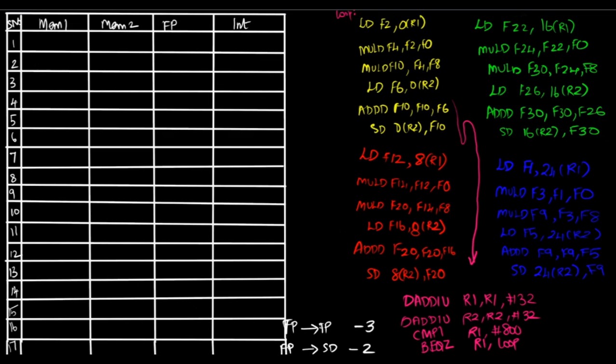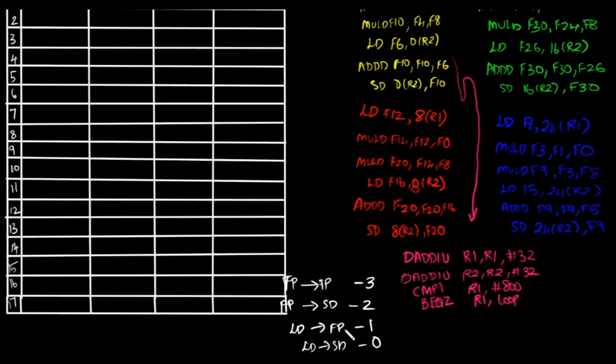Now let's fill each and every instruction from each and every iteration. The first one is the load F2, 0 of R1. It's a memory instruction, so it will go to the memory slot. Load F2 comma 0 of R1. So we filled this one. Multiply F4 comma F2: F2 is produced by this load instruction and the multiply is using it.